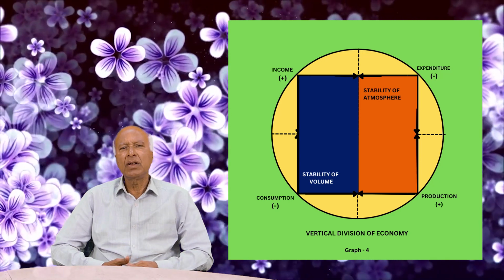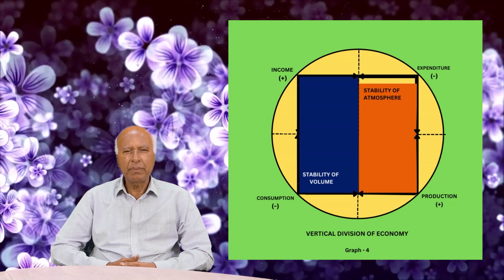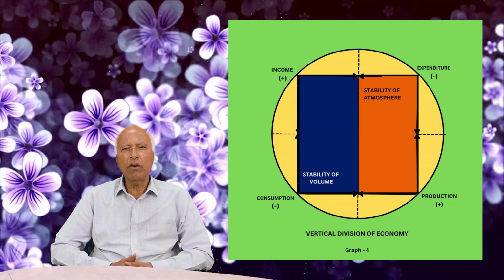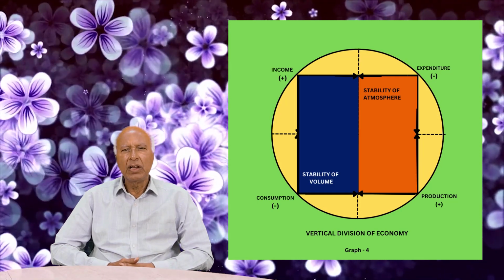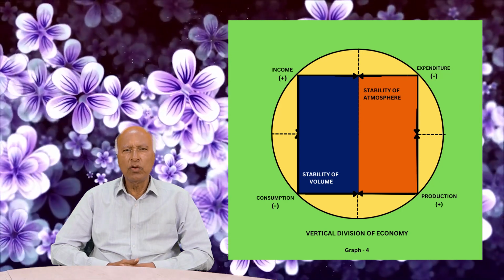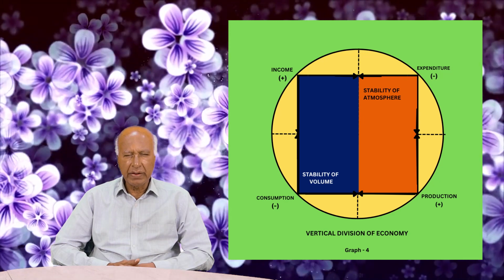If the two rectangles match each other, it is a stage of perfect equilibrium between the demand volume and the supply atmosphere.